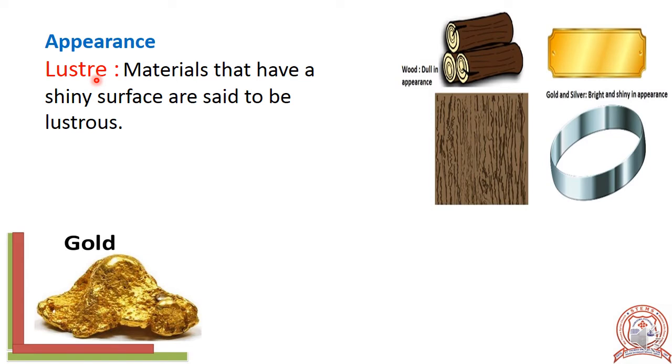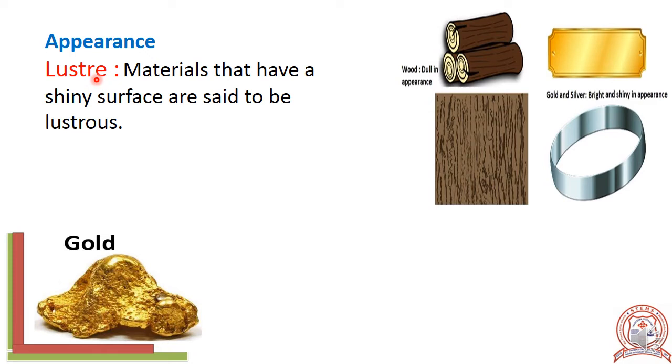It is generally seen that metals like aluminium, iron, copper, silver and gold show luster. Wood and paper, being non-metals, do not show luster. Some metals lose their shine and appear dull when exposed to air and moisture.